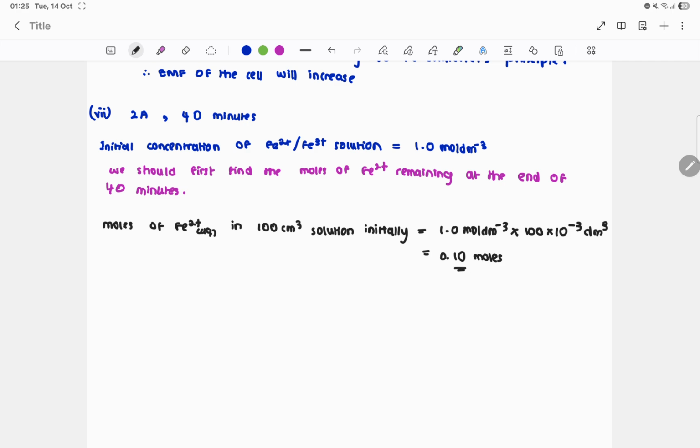This is the initial moles of Fe2+. So I need to know the final moles, no?